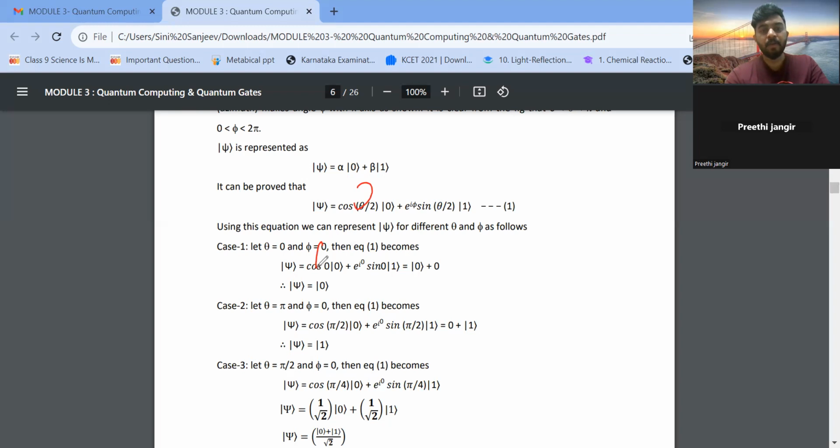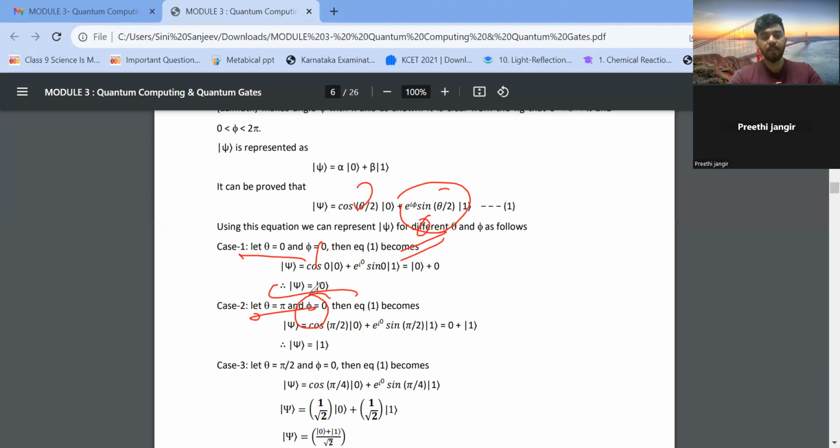Cos 0 value is 1. And sin 0 is 0, so this full term is 0. First case is theta equal to 0, so I'll be getting psi equal to 0.